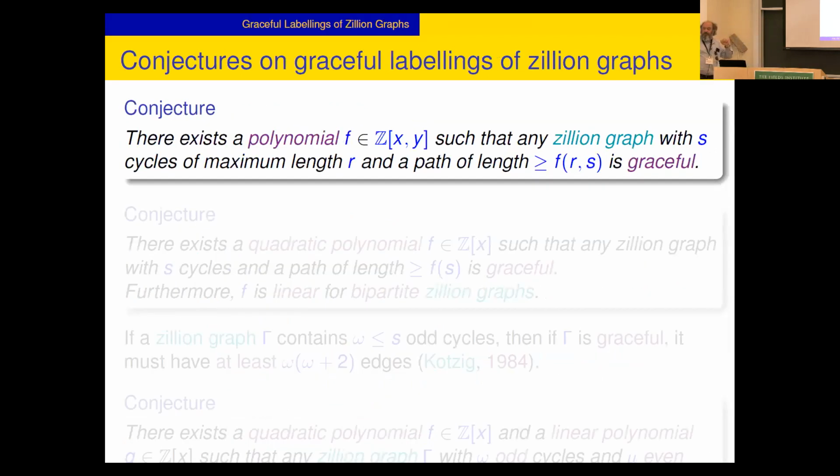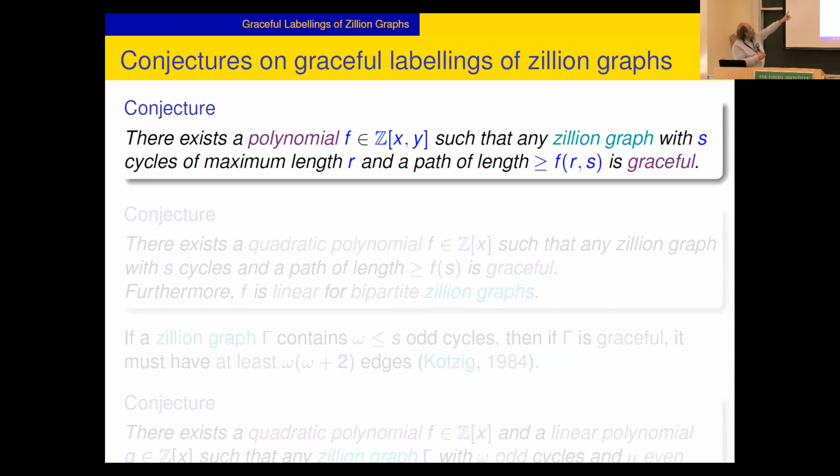I'll just finish up with a few conjectures. So we've talked about these zillion graphs and graceful labelings of these graphs. And one of the interesting questions is, how big does your graph have to be to be gracefully labeled? And so we conjecture that there's actually a polynomial f in x and y, where x and y are going to be the number of cycles.